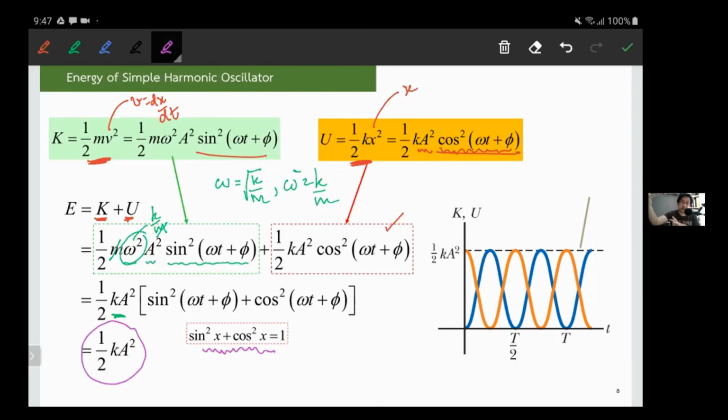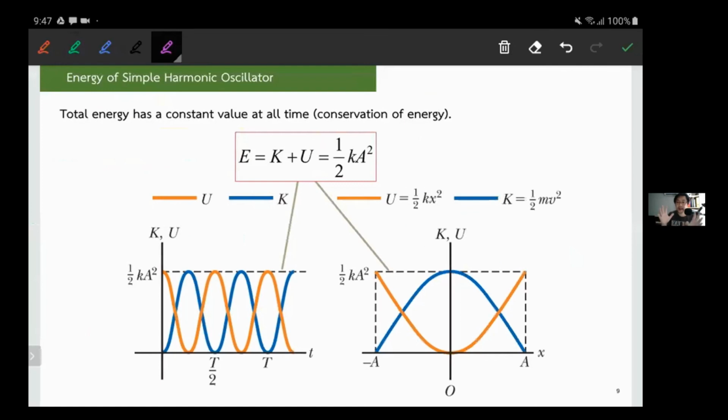Sometimes you get more kinetic, sometimes more potential, but the sum of these two stays constant at all times. You might get pure kinetic, you might get pure potential, but at any time the sum of the two is fixed at 1/2 ka squared, which makes perfect sense. It's a conservation of energy.